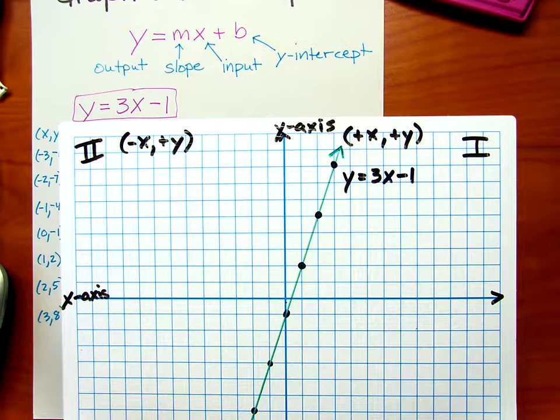Okay, so on your homework you're going to be given several examples of different linear equations, and then you're going to be given some tables with some numbers for most of the cases, and then you're just figuring out the y value. And then once you have those x and y values, you've got your coordinates, and the last part would be to graph those coordinates on the graph that's provided for you.